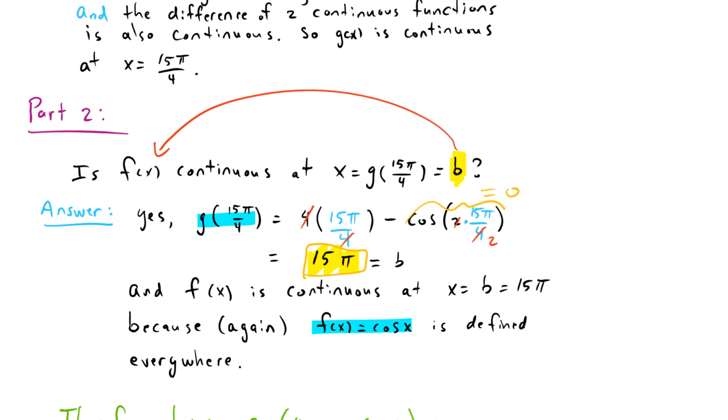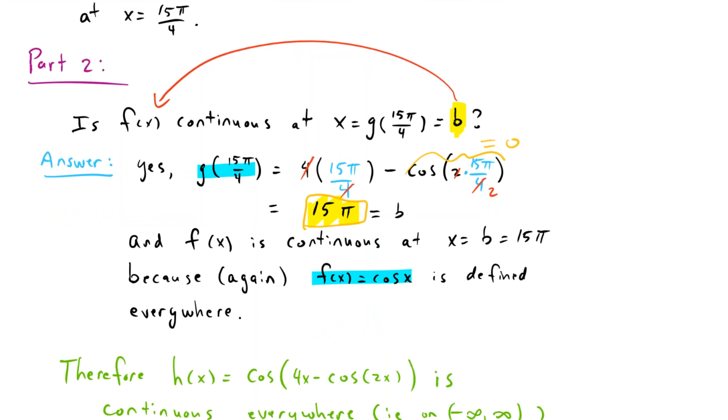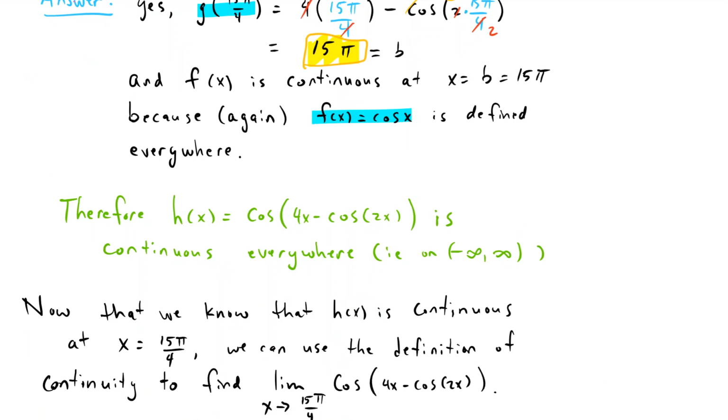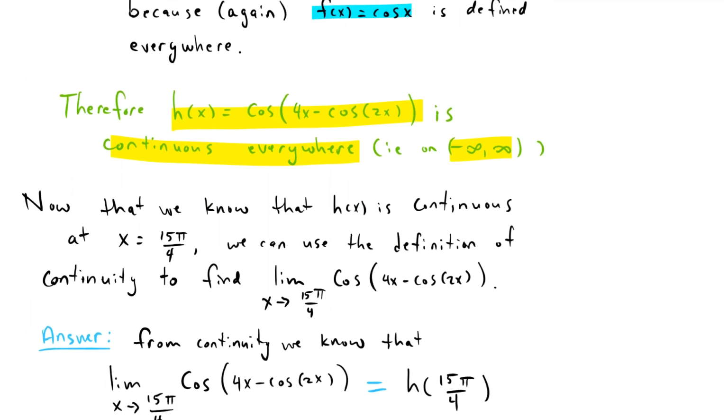So it is continuous at 15 pi because it's defined everywhere. So we can then say that h is continuous everywhere, meaning it's continuous on the interval negative infinity to positive infinity. So we've answered the question, is it continuous at 15 pi over 4?